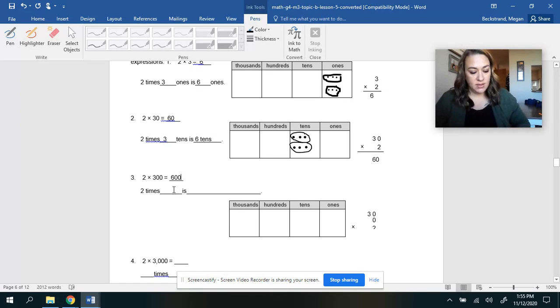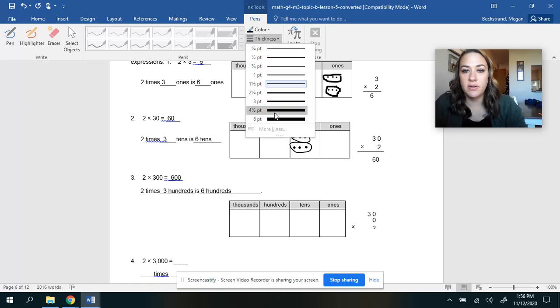Okay. We can prove that on our place value chart as well. So we can say 2 times 300s is 600s. Let's show that on our place value chart.